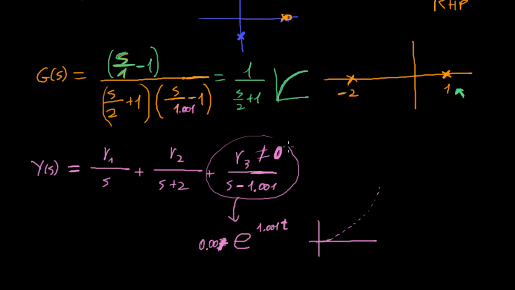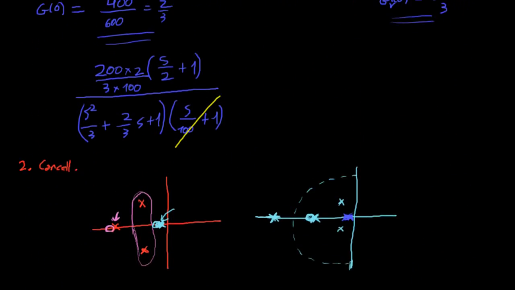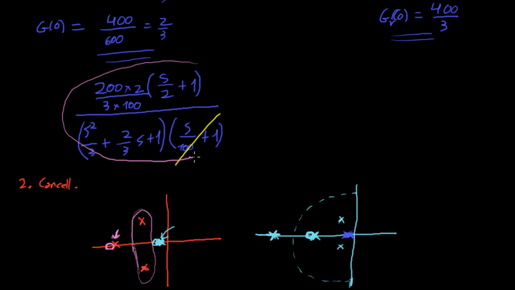This will eventually be the dominating part, and the system is unstable, despite the fact that we've tried to cancel the unstable part with a zero. So do not ever cancel poles or zeros in the right half plane or in the imaginary axis, only in the left half plane. And again, when you perform cancellation, try to do it always in the standard notation, or at least check that after your operations you get the same steady state gain.